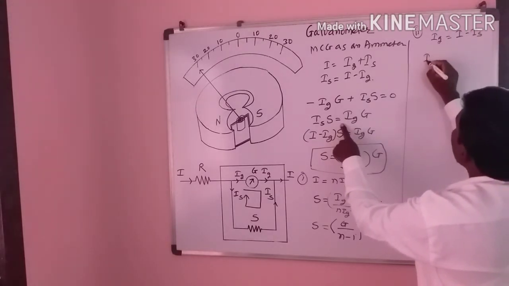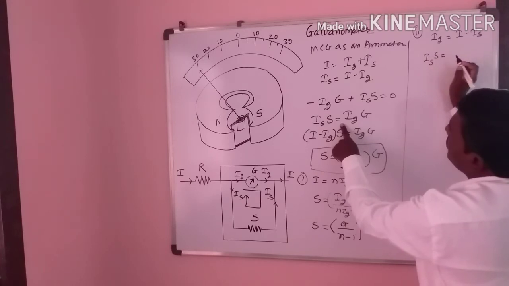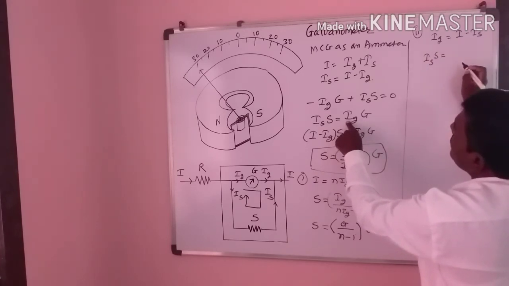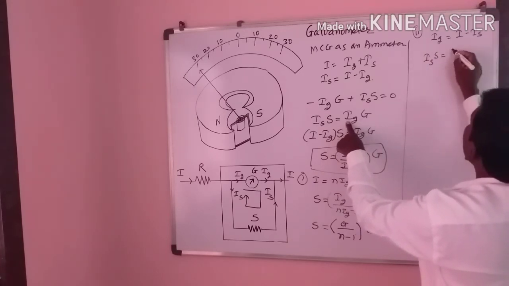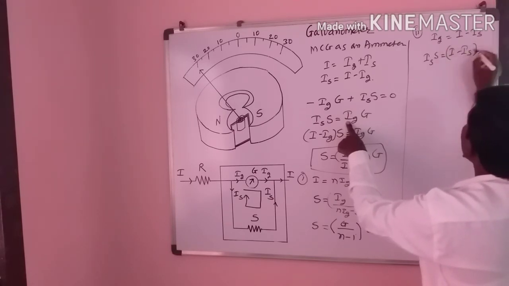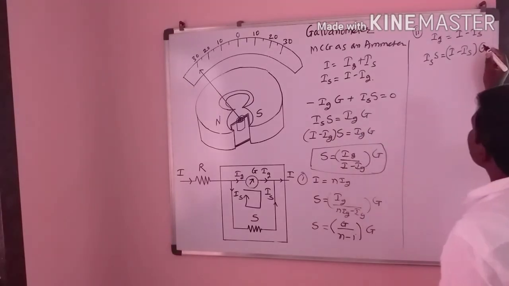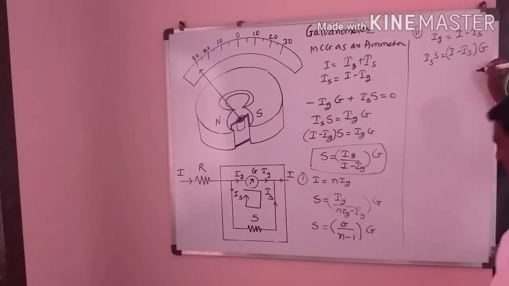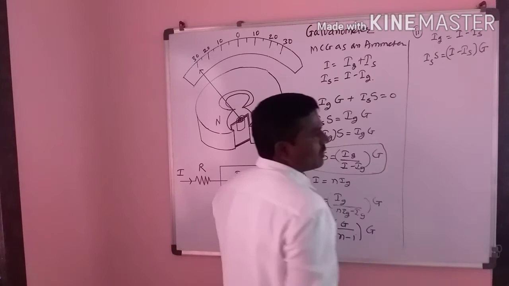That means IsS = (I - Is)G. Now we can find the fraction of electric current through the resistance.